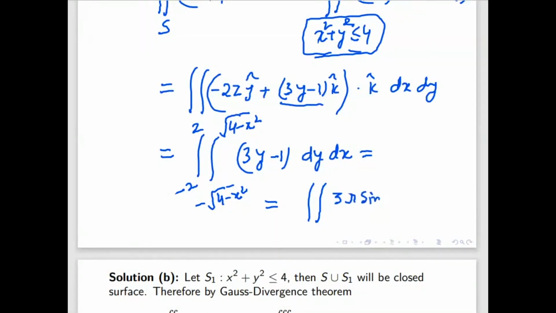So I'm writing 3 r sin theta minus 1. dy dx will become r d theta dr. This r is the Jacobian. Theta is from 0 to 2 pi and r is from 0 to 2. So this integration is the same as this integration. And the sin theta integration from 0 to 2 pi will give 0. Only you will get minus r d theta dr.